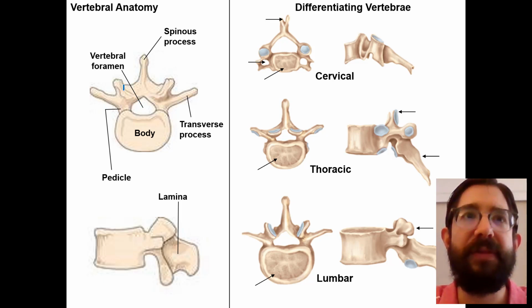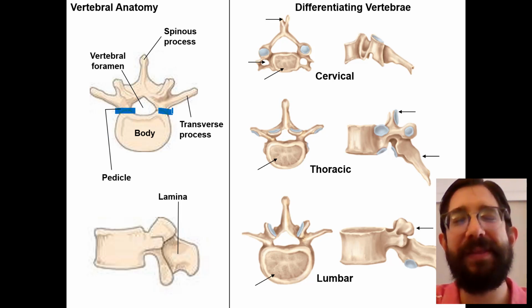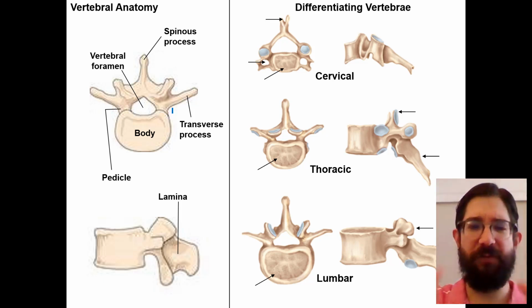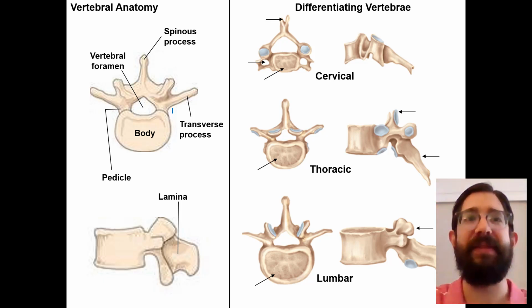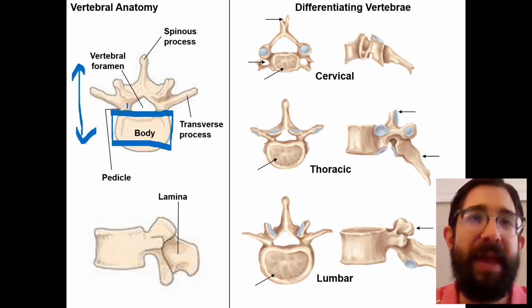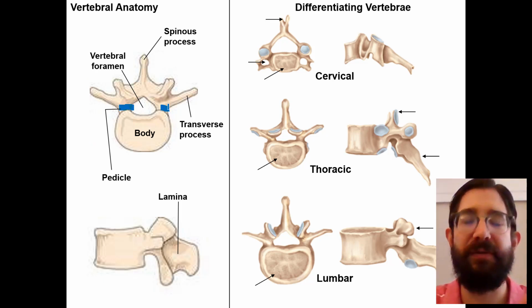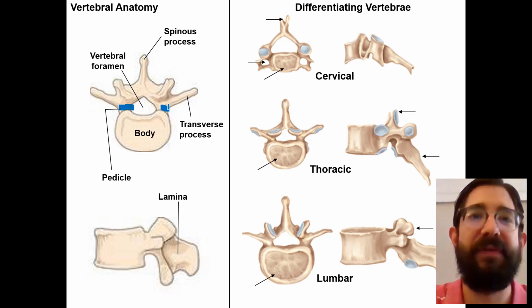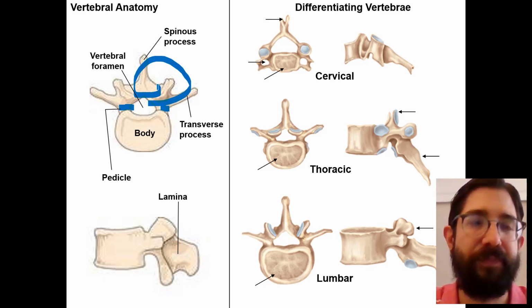And the last two on these series of images is there's a little region here called the pedicle. I always think of this as like the pedestal. You know, if you have a trophy or something, you set it down on the base, and then there's the pedestals that come up the side. So if you orient your vertebra like this with the body at the bottom, the pedicles are little columns or cylinders of bone separating the body from all this stuff above it.